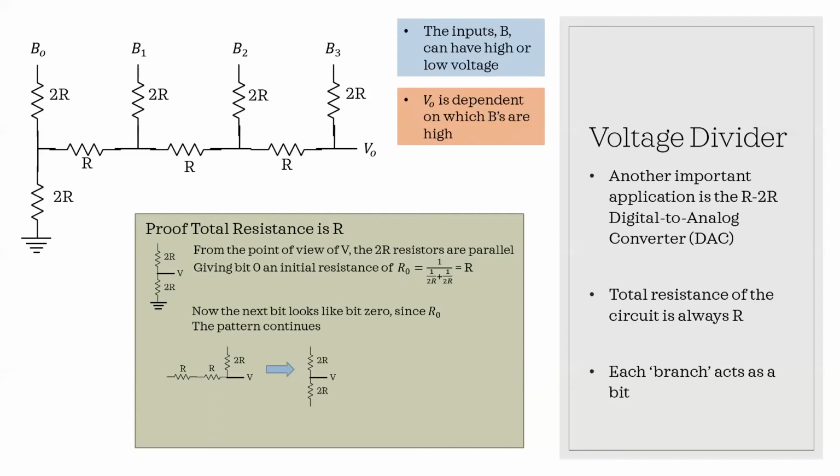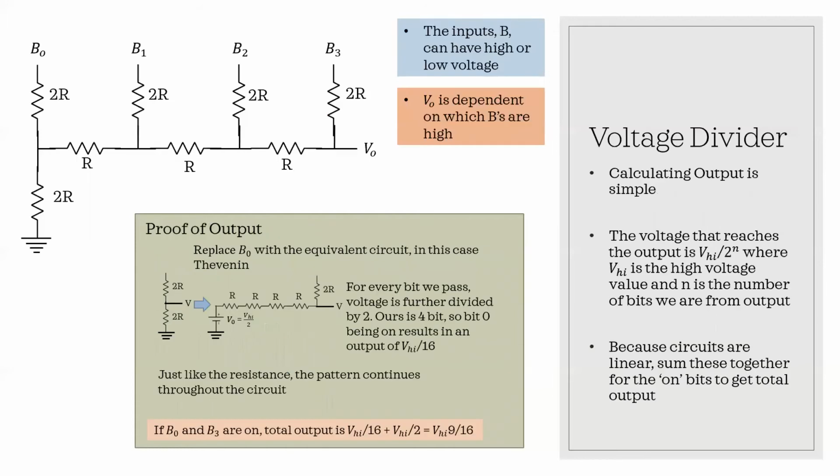If you split this circuit into branches, into bits, and you work your way down, you'll see that each branch reduces to just R. The other very nice facet of the voltage divider is that the output voltage is very simple to calculate.